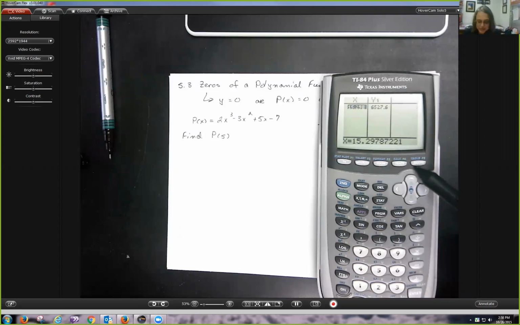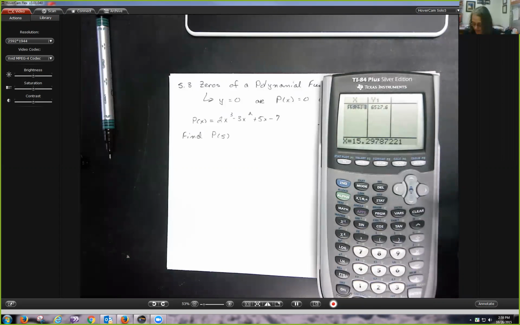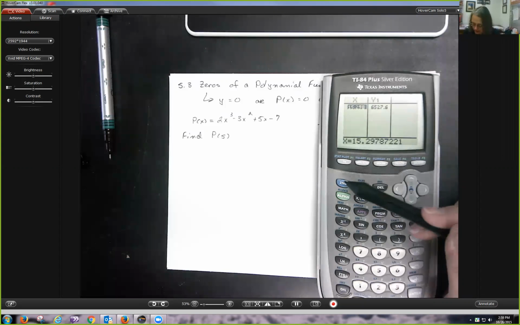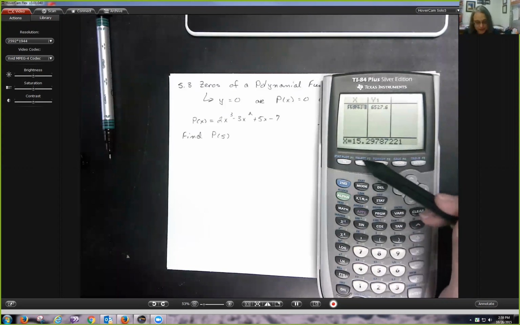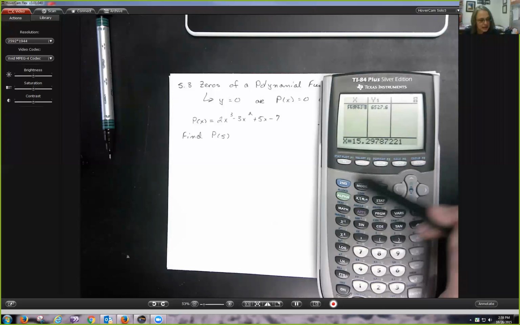You'll notice my table of values is pretty empty. Yours might not be. I will show you how to get it to look like this. So go into Table Setup, TBLSET, the blue letters above the window key. Push the second and then the window.